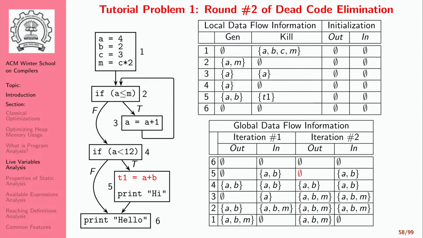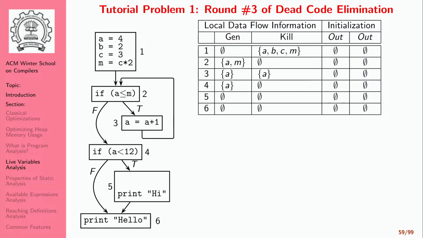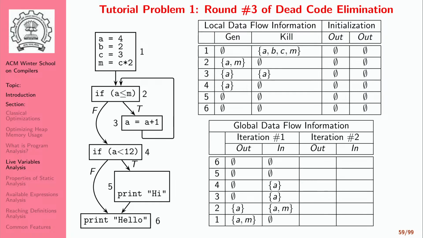Please look at your result and tell me what the change will be. B will not be live here, A will be live here. So the liveness of B goes away from everywhere, right? So we get this result now.